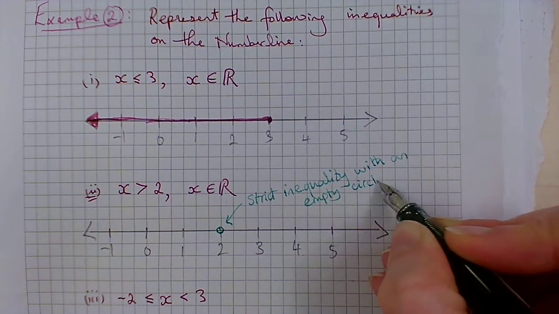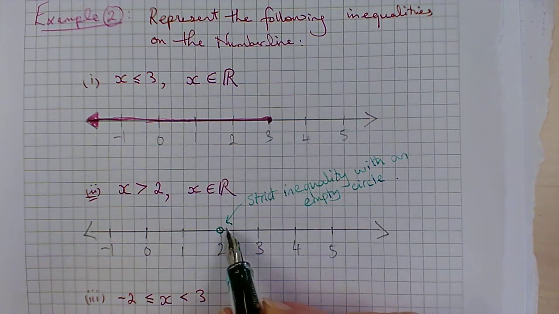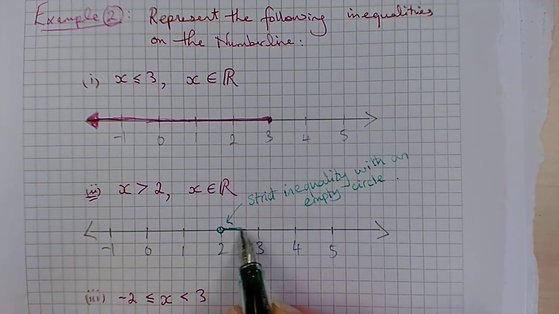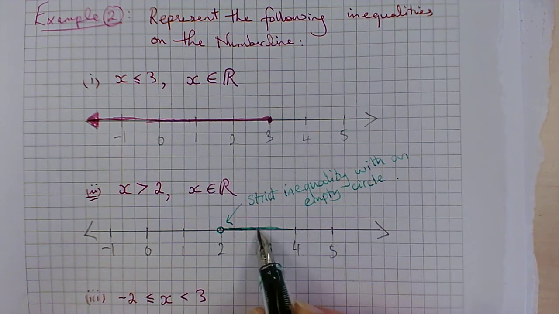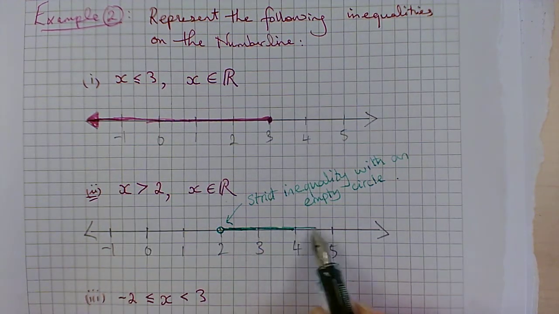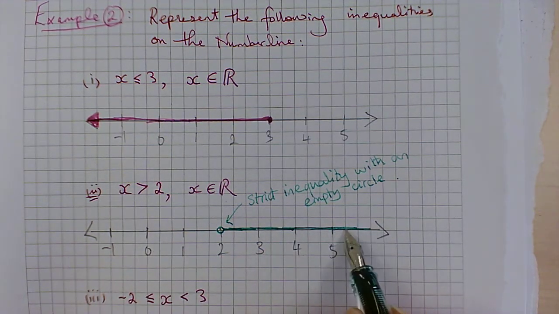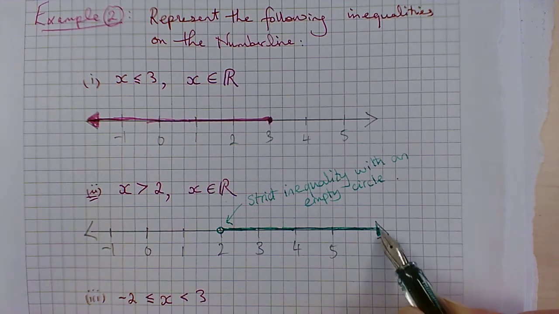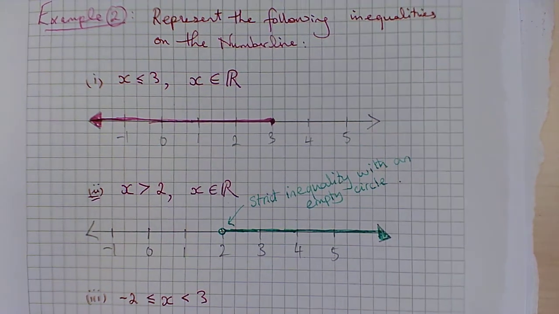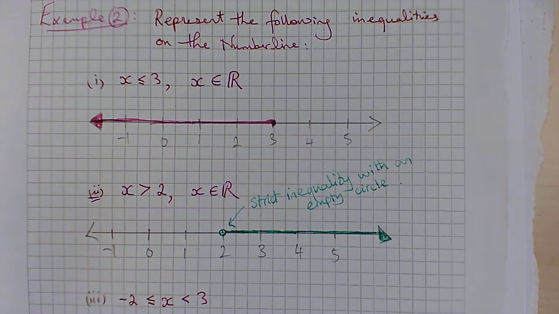So that empty circle is illustrating that x can't be equal to 2, but I can colour in the line infinitely close to 2. And again, my inequality is pointing this way, so it's the numbers bigger than 2, including all the decimal numbers that are bigger than 2 as well. And I colour in my arrow to indicate it can go on forever in that direction.